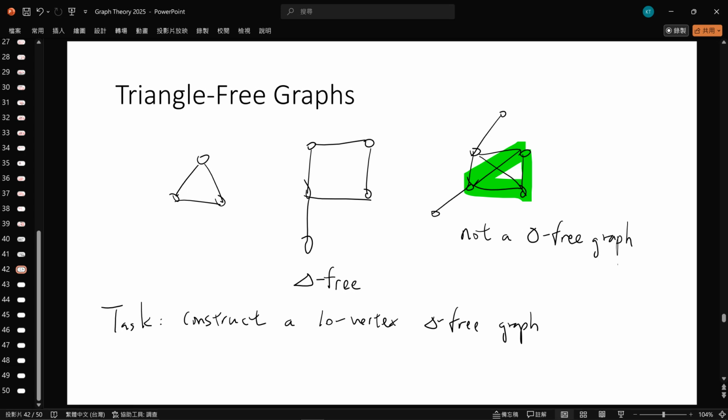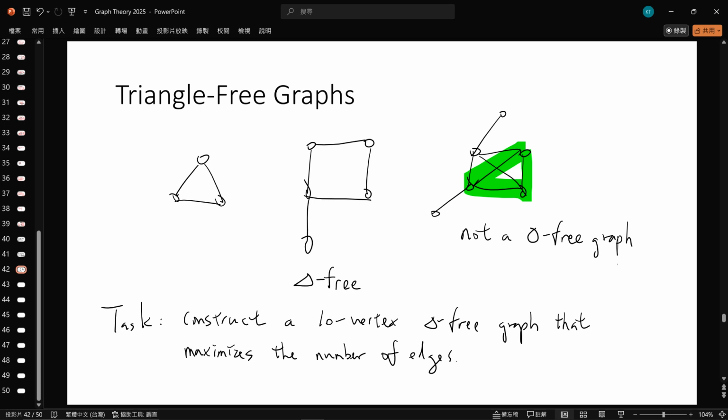And your mission is to add as many edges as possible.